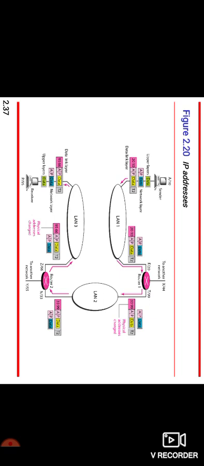Next we have to discuss the port address. The IP address, the logical address, and the physical address are both necessary for a quantity of data to travel from source to destination. As we have seen earlier, the port address is used by the transport layer.